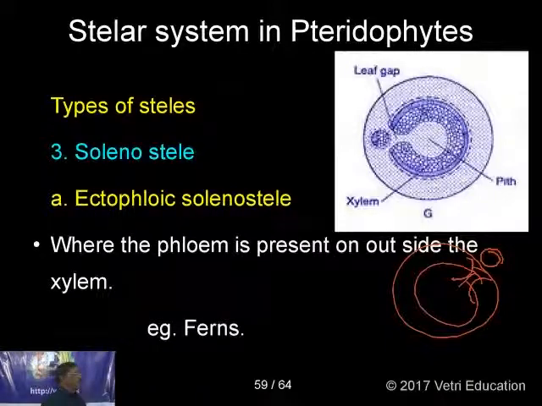First, ectophloic solenostele. Look here, because of the leaf gap, it is cut. Here also xylem, and outside the xylem, outer phloem is there. This is ectophloic solenostele, where the phloem is present on the outside of the xylem. Example, many ferns you can find this type of ectophloic solenostele.